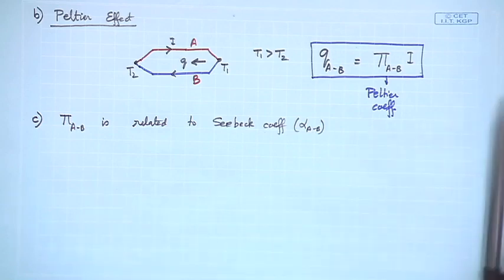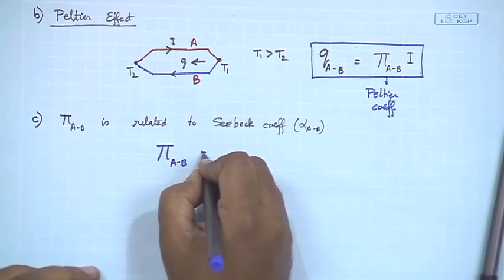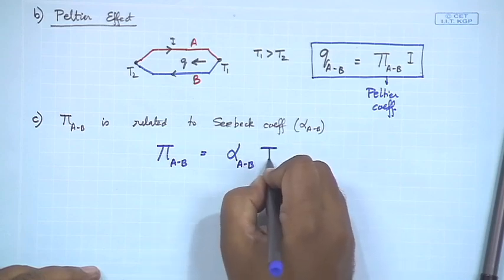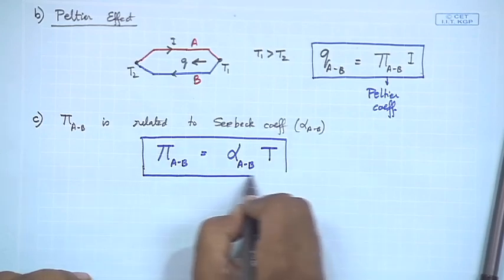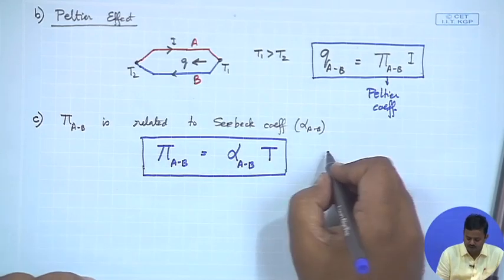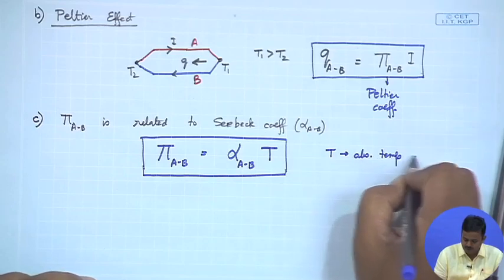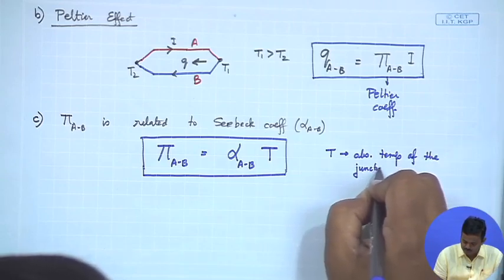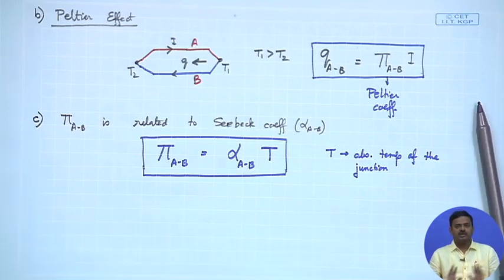It can be shown that pi A to B is equal to alpha A to B times T, the absolute temperature. Clear? And what is T? T is the absolute temperature of the junction that we are talking about. Clear? So, this is how it is related.